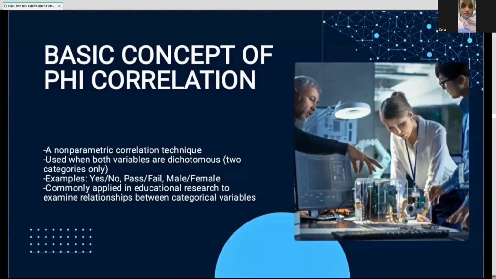Phi correlation is applied when both variables are dichotomous, which means they have only two categories. Examples include yes or no, pass or fail, male or female. This technique is commonly used in educational research to examine the relationship between categorical variables. Next.